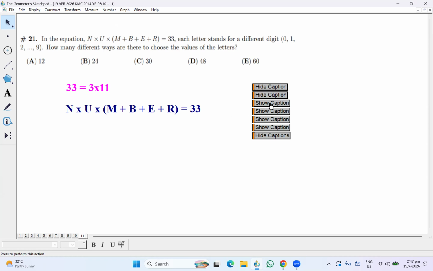Let me see what I wrote. Okay, here 3 times 1 or 1 times 3. 2, 3, 4, 5 is not 11.